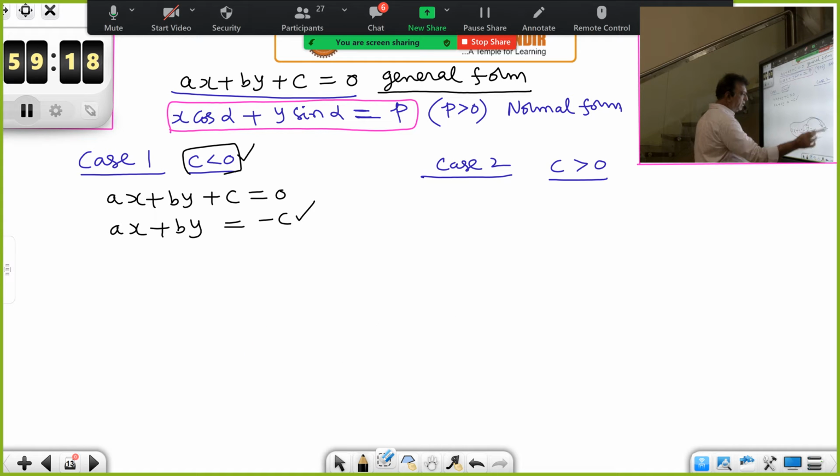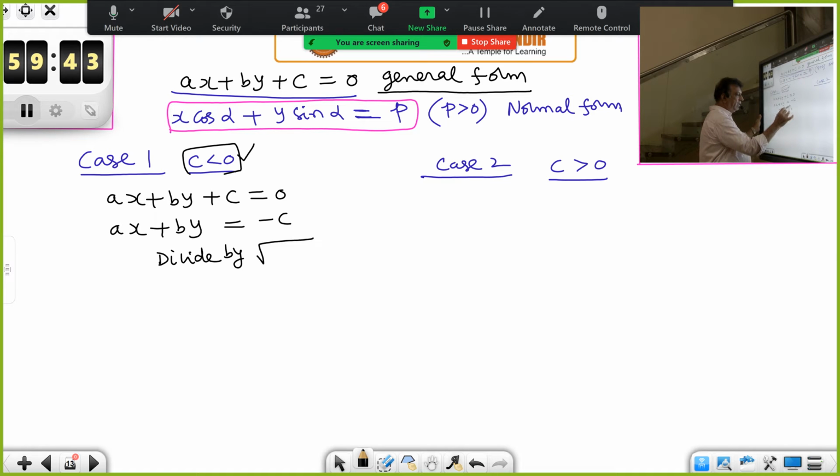Okay, now remember that minus c is positive. It may be looking like a negative number. Just by seeing it, minus c, you may think that it is a negative number, but it is actually a positive number because here c is negative. Then what you have to do is divide by root of a square plus b square. This is important.